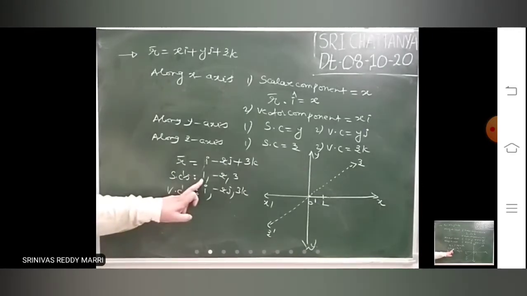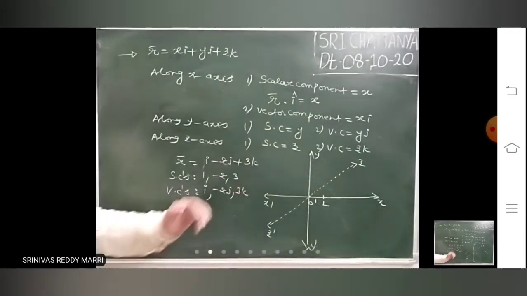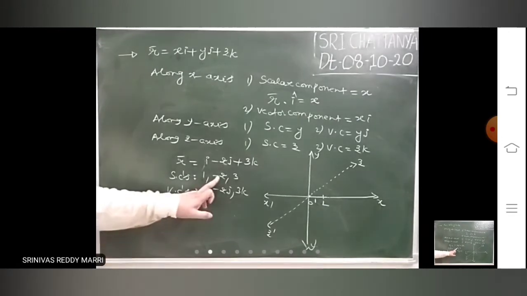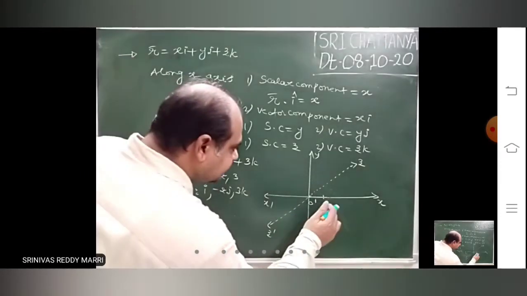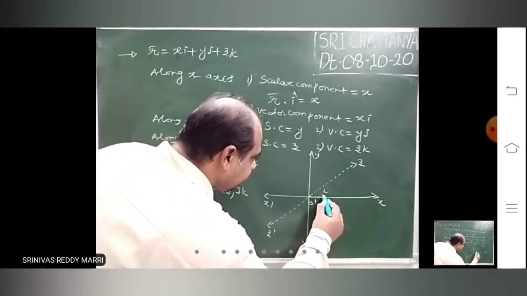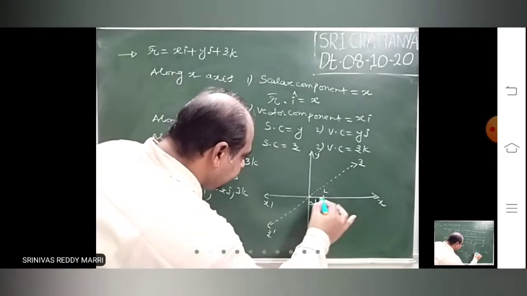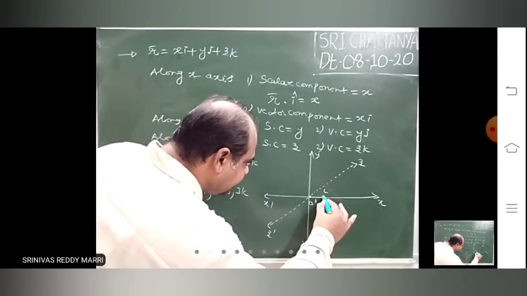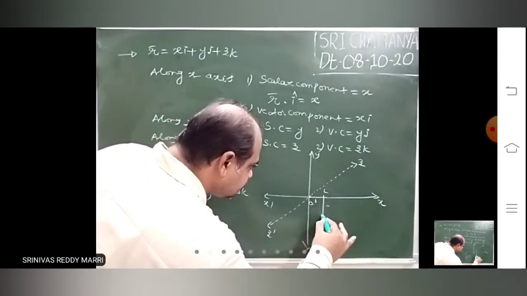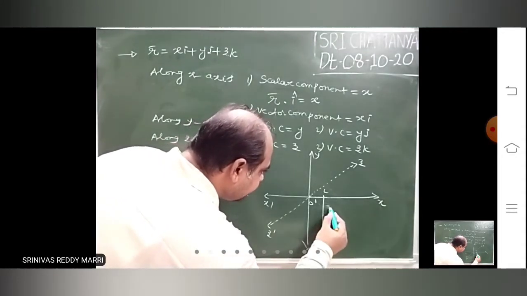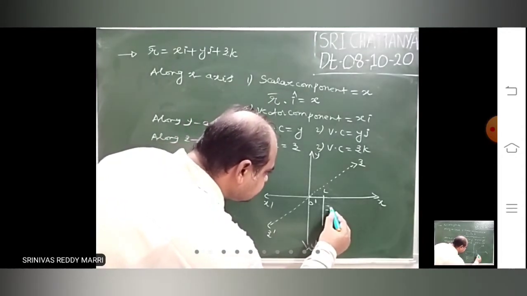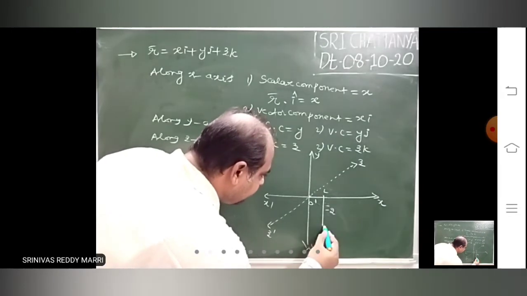So that scalar component indicates 1 unit towards the positive x-axis. Next, minus 2 indicates that it moves towards the negative y-axis. Negative y-axis means this side. The negative component you got means 2 units towards negative. So this is minus 2.